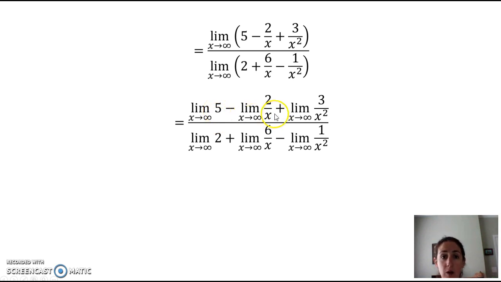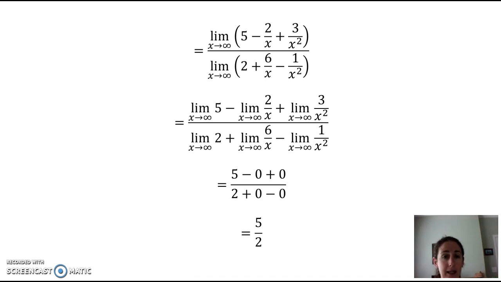Based on the theorem we just went over, the limit as x approaches infinity of 2 over x goes off to 0, and so does the limit of 3 over x squared. So we end up getting 5 minus 0 plus 0 over 2 plus 0 minus 0, or 5/2.